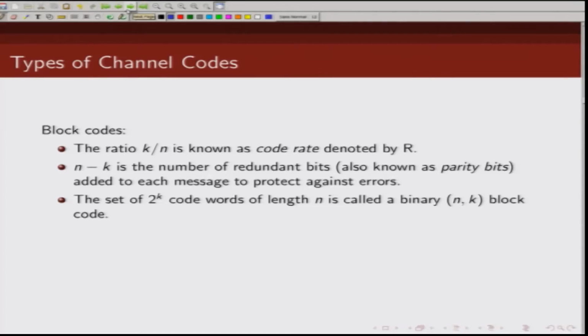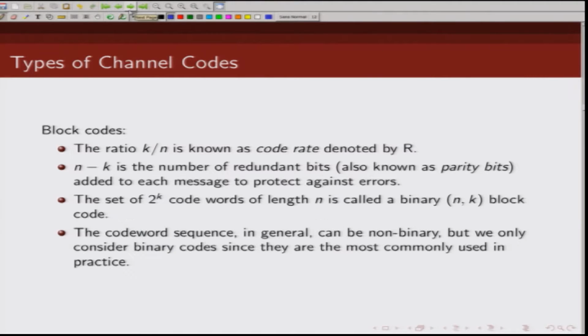So, a binary n k block code consists of 2 to the k code words, each of length n. These code words need not be binary, however the same theory mostly applies to non-binary code words as well. So, we will restrict our discussion to binary code words.